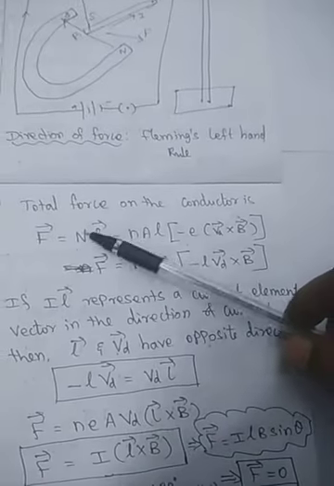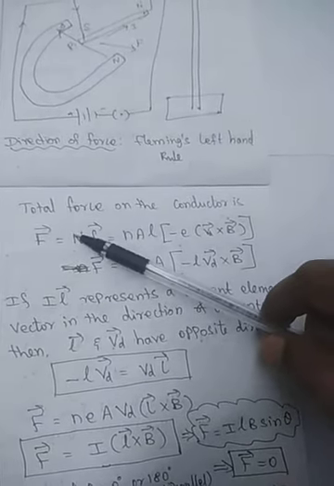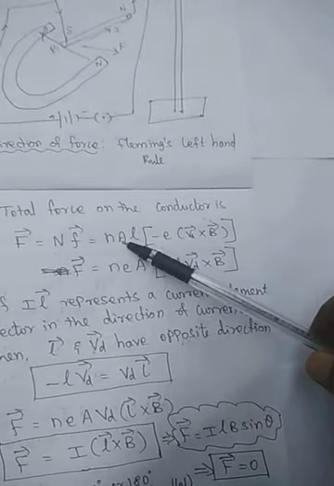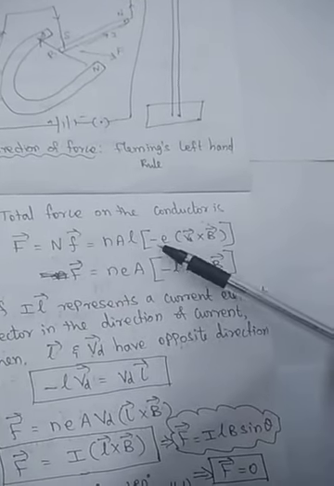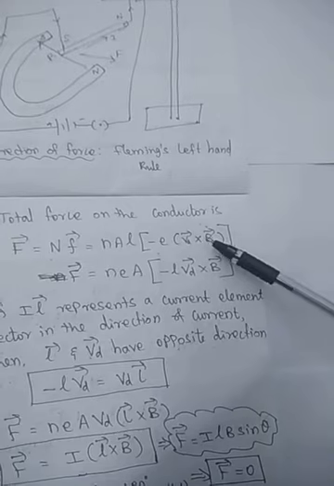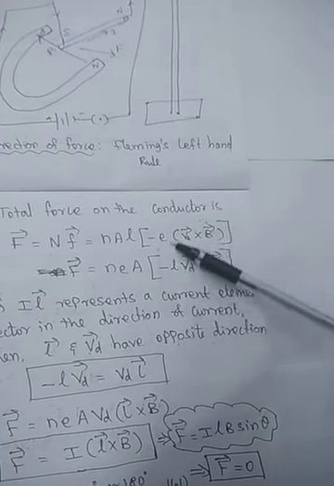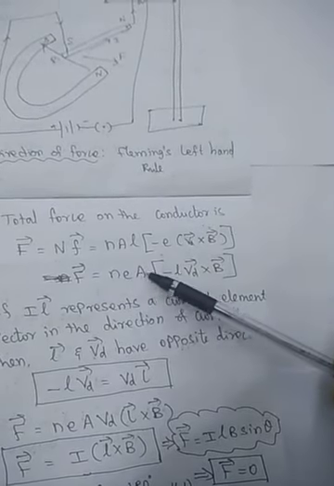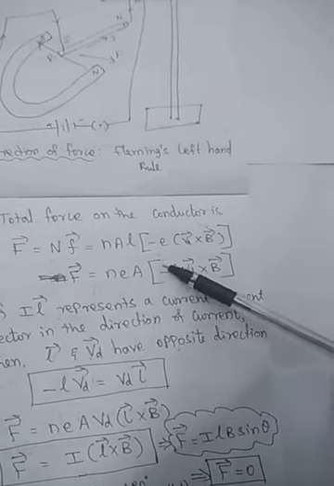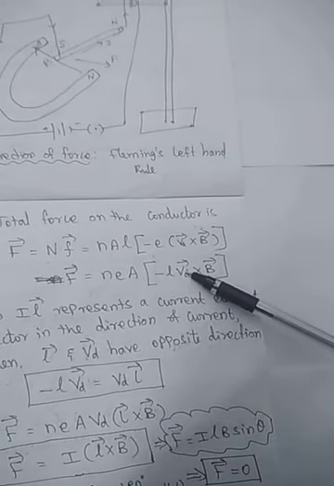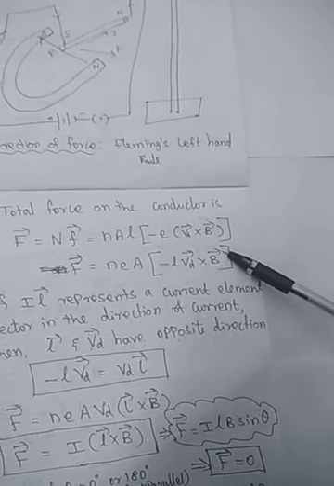For N electrons, we multiply by N, which is n A L. So F is equal to minus e, n A L, Vd vector cross B vector.